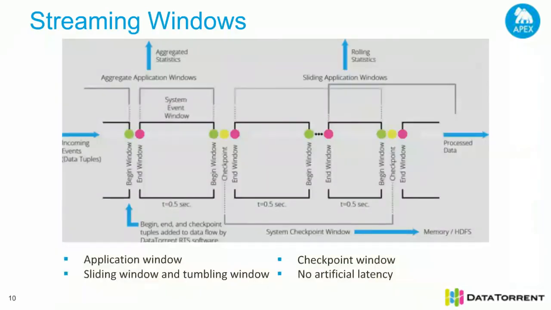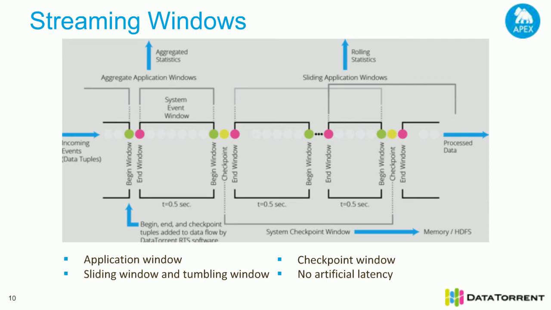For the windows first. So the streaming windows, that's an engine concept. Essentially, we are injecting control tuples periodically into the data stream, and those control tuples will be used by the engine, but also can be used by the operator developer to perform periodic logic. So one application of this is the checkpointing.